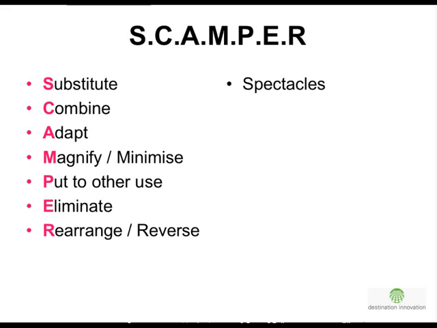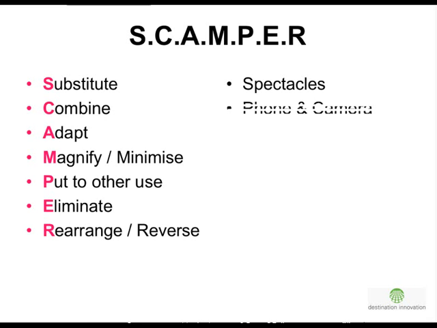Or what could we substitute for spectacles entirely? Obviously things such as contact lenses or laser eye surgery are substitutions for the whole service, the whole value added. So that's an example of how substitute works.